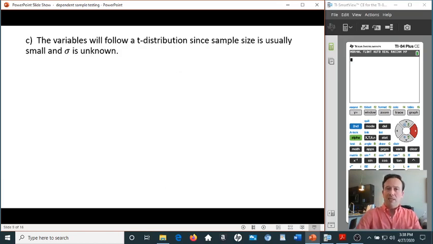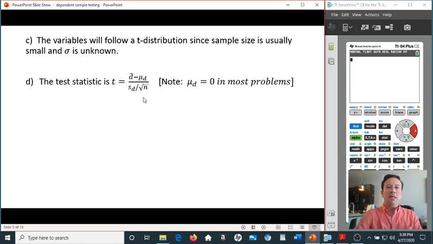All right, C. The data in these problems typically are small in number, and also we won't know the population standard deviation sigma. So that means we're going to be using t-values to set up our problems. The test statistic, if we're going to use a test statistic method, remember that's called the classical method of hypothesis testing.